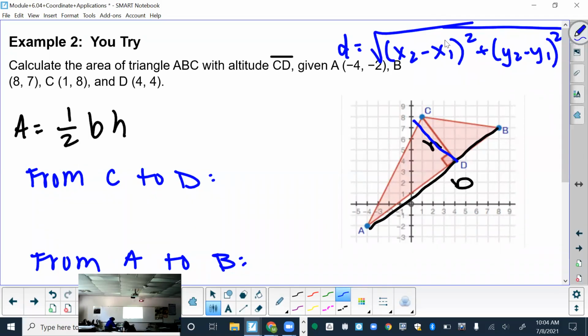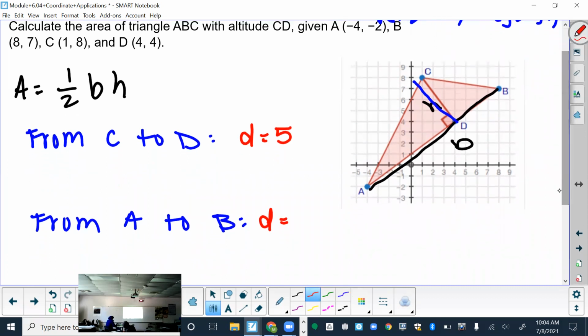From C to D, you should have had a distance of, anyone get it? 5. Good, exactly 5. Not a decimal. And then from A to B, you should have gotten a distance of 108. I did not get 100. Does someone get something else? All right, let's see. Maybe I did it wrong.